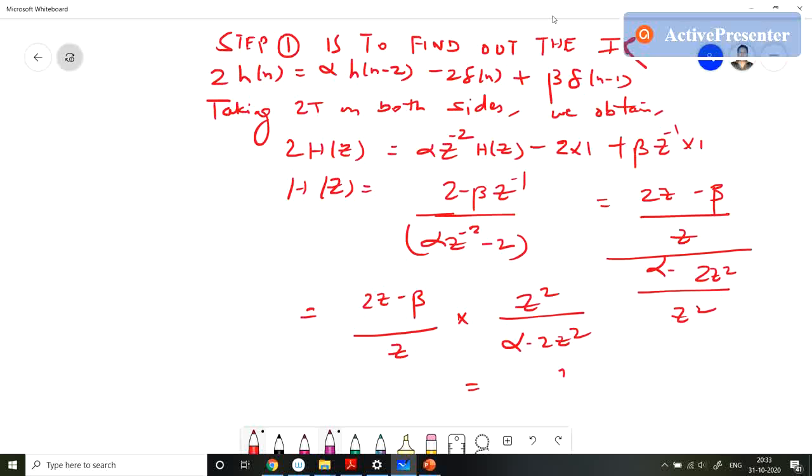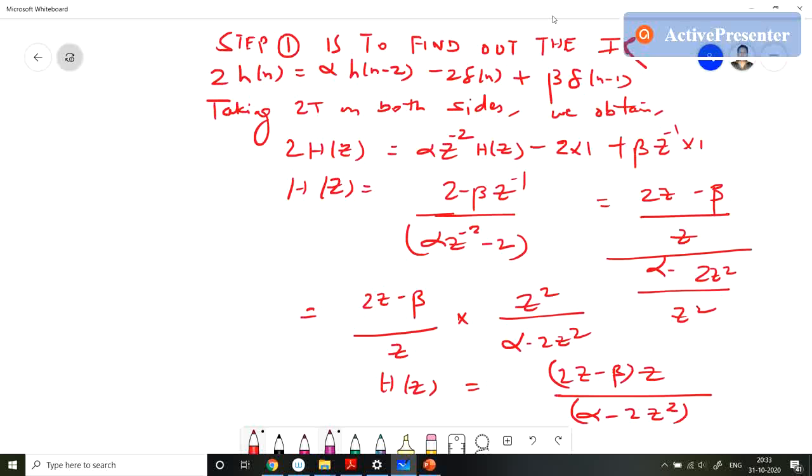So what we get here is 2z minus beta multiplied by z divided by alpha minus 2z square. So this is hz.